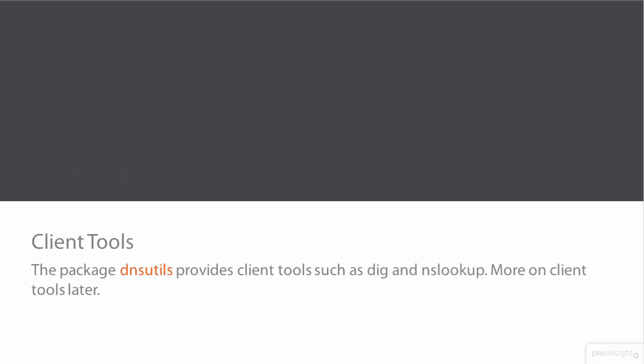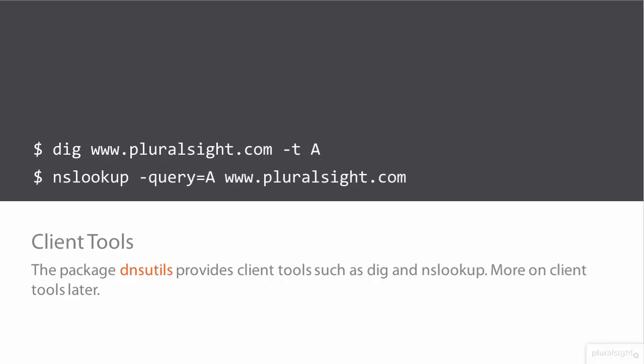We've also got some client tools so we can check that DNS is actually operational. We'll look at our client tools in more detail as the course progresses. But for the moment we can see that the dnsutils package will provide the dig command, and we can specify to look up address records for www.pluralsight.com.